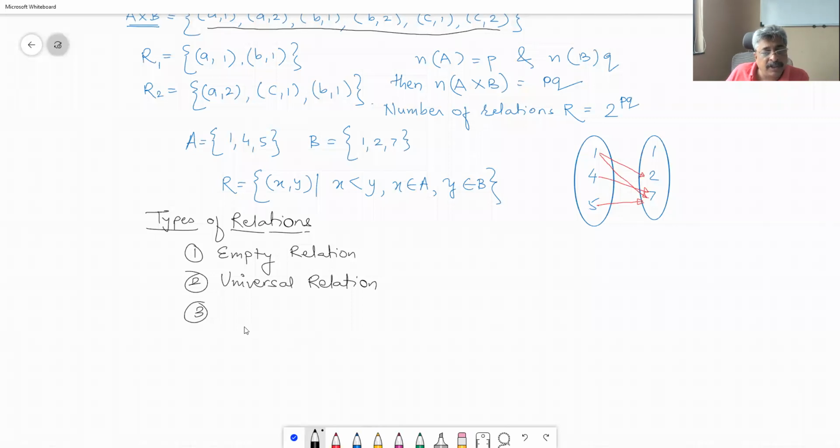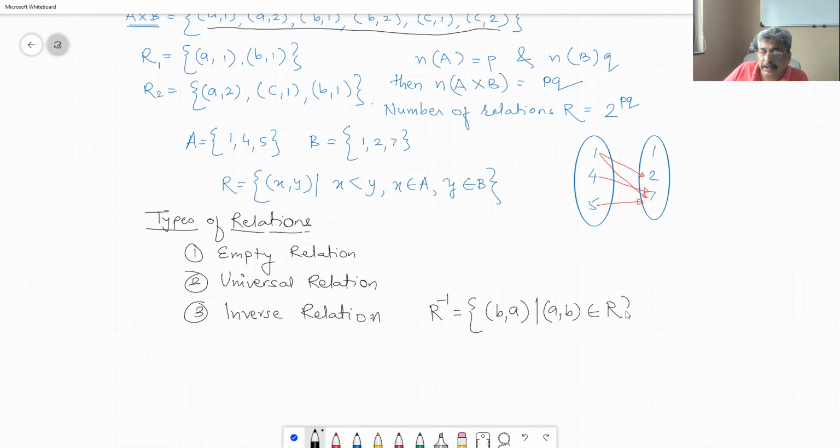Third, inverse relation. We understand this. If R is a relation, then R inverse is all possible ordered pairs B comma A, where A comma B belongs to the relation.